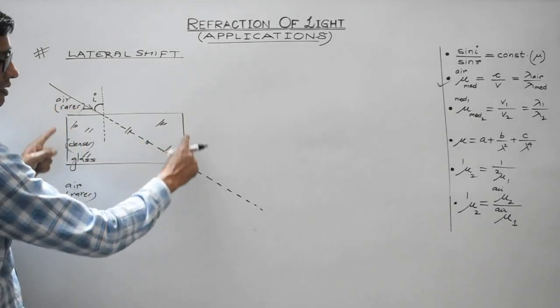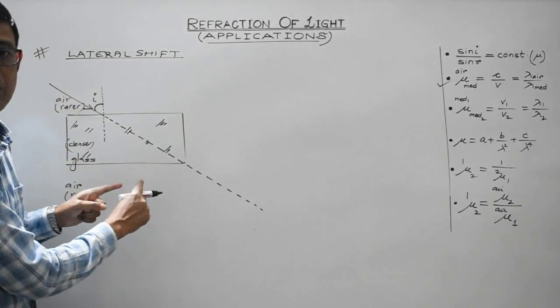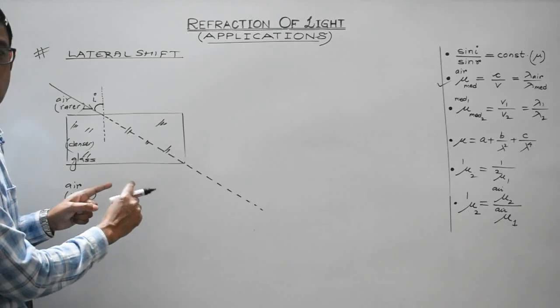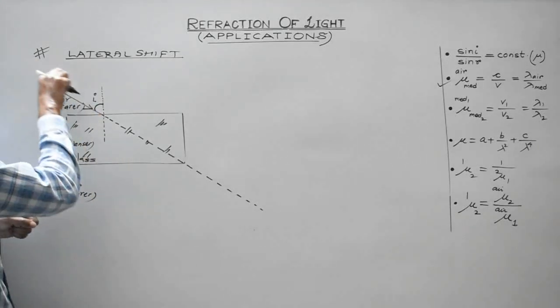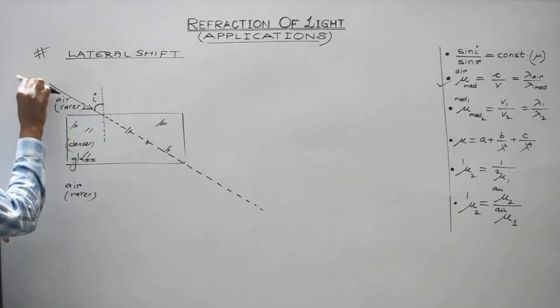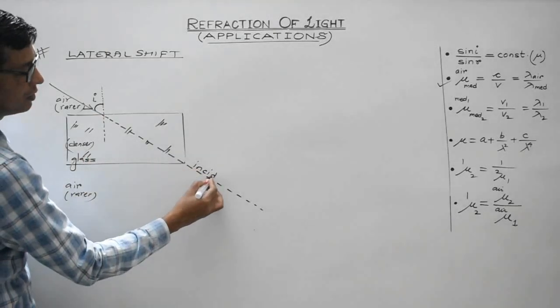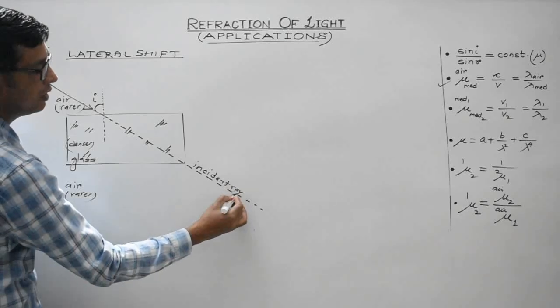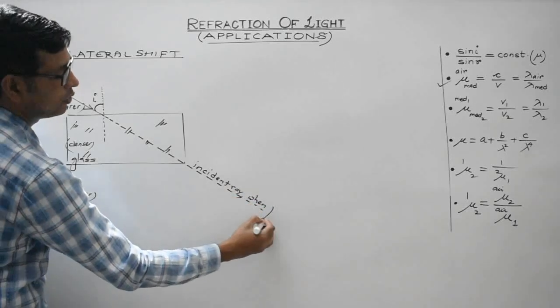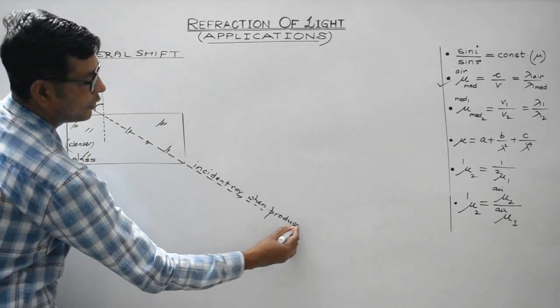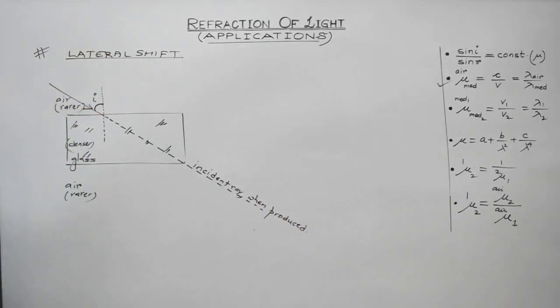So in case the glass slab is absent, and it's entirely air or vacuum, then light would have travelled along the same straight path. So this is the incident ray when produced. Right?